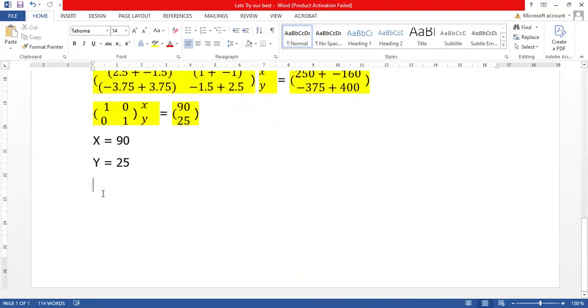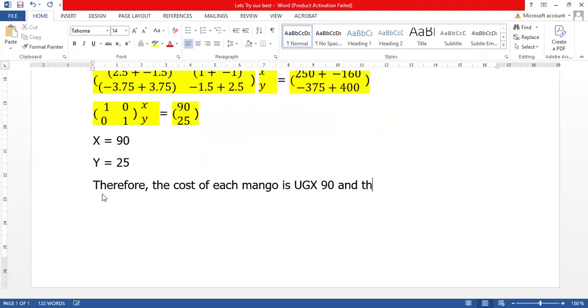So, colleagues, that's all. You will say, therefore, the cost of each mango is UGX 90, and the cost of each orange is UGX 25.